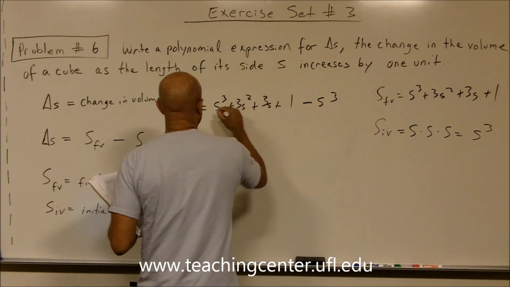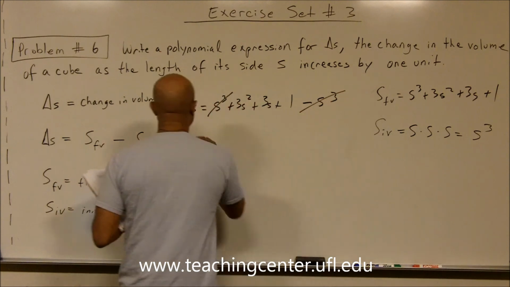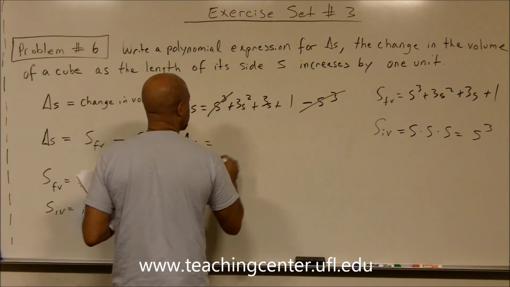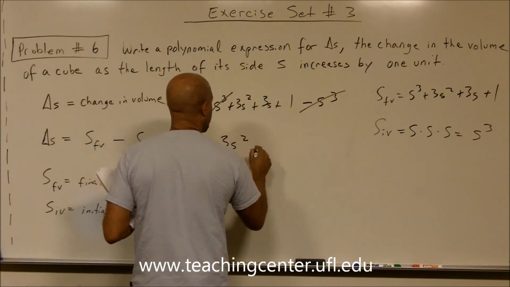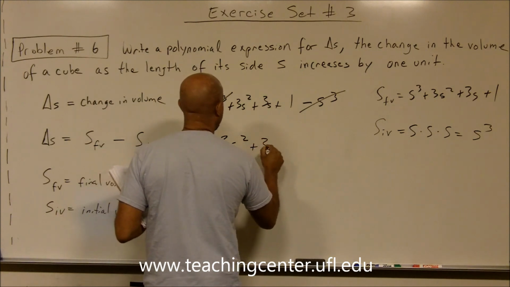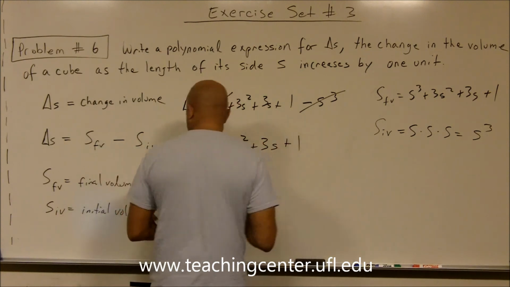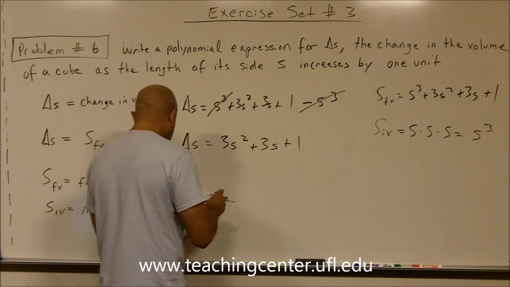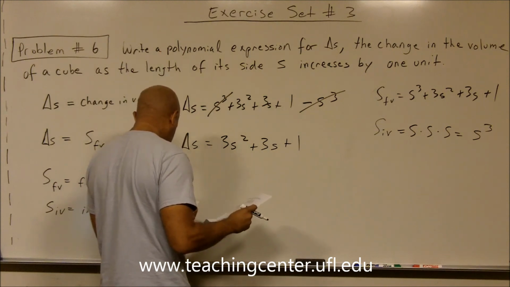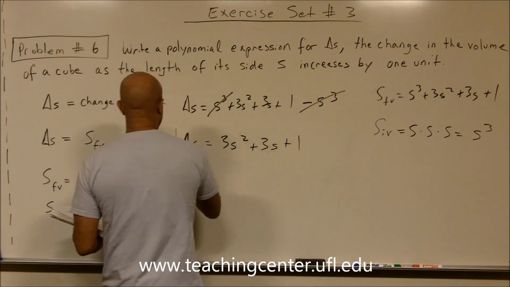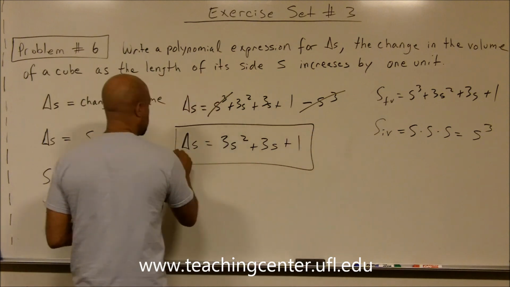And so now the S cubes will cancel, and we know that delta S is going to be 3S squared plus 3S plus 1. And that is the solution.